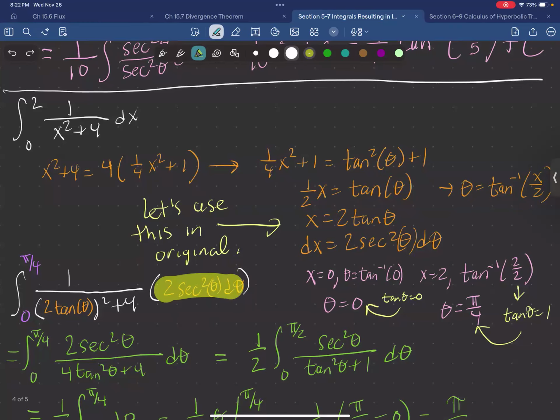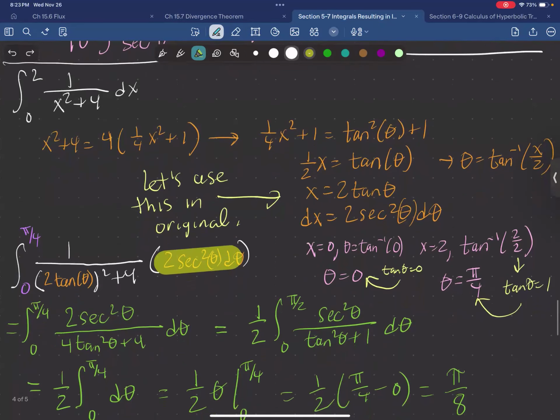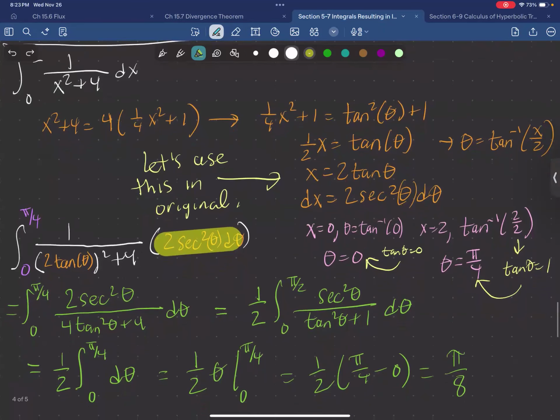So this is what we get from the dx. I'm going to put the 2 secant squared theta on top. I'm going to factor out a 4. And by factoring out a 4, I've got 2 over 4 out front, which becomes the 1/2. Okay, then I got secant squared theta over tangent squared theta plus 1.